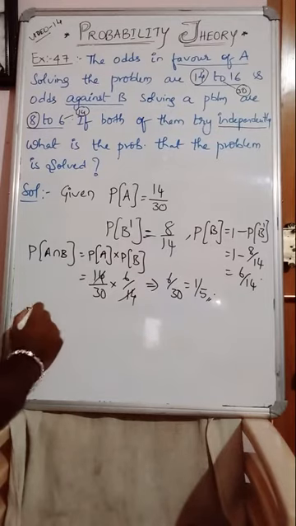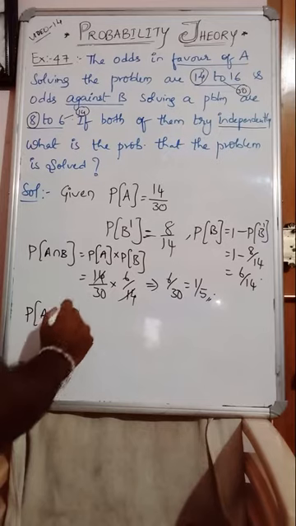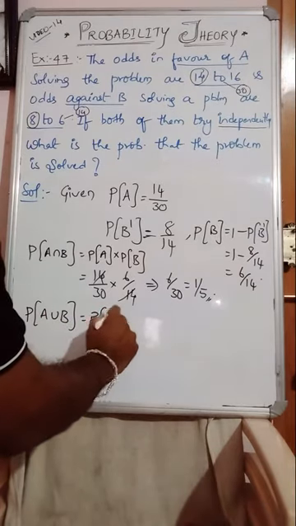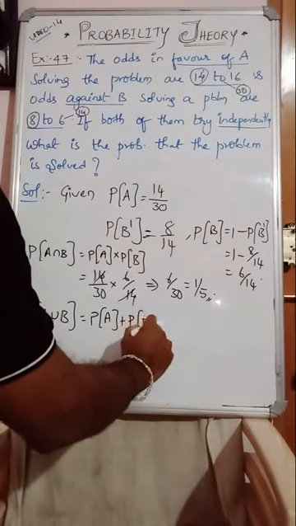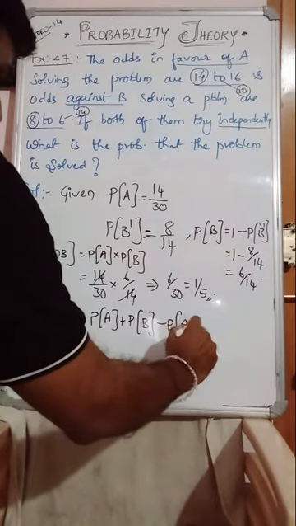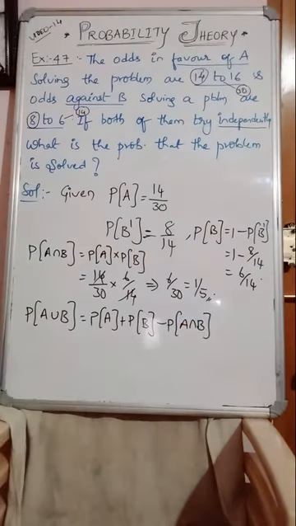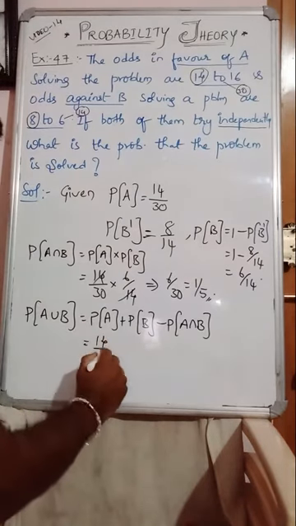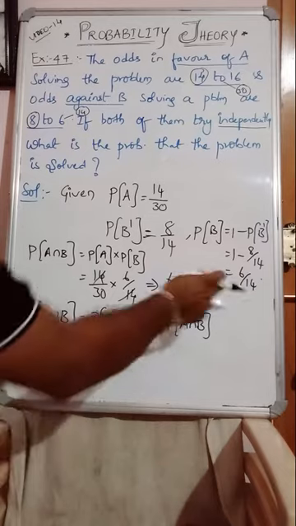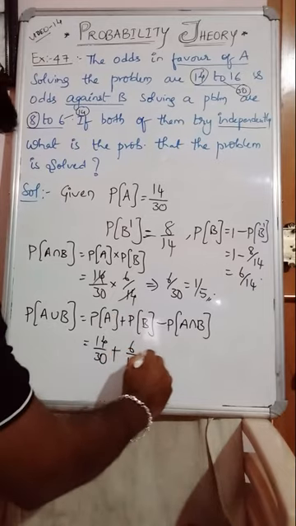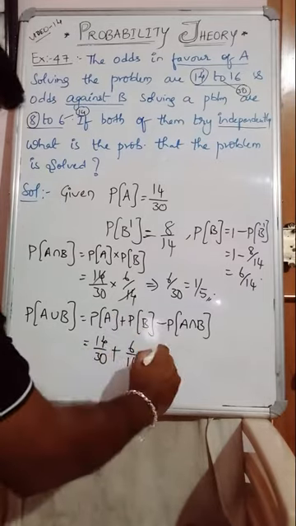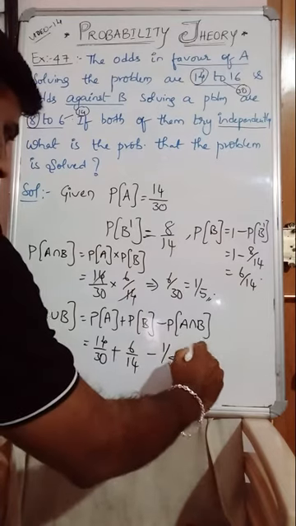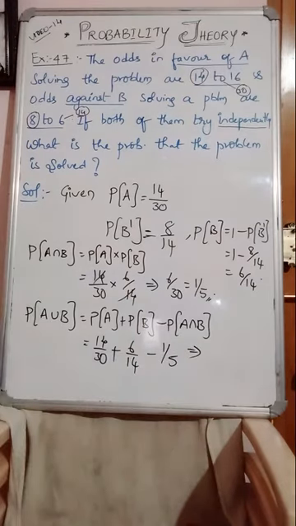Now, the problem is solved either by A or B. P of A plus P of B minus P of A intersection B. That equals P of A, 14 by 30, plus P of B, 6 by 14, minus P of A intersection B, 1 by 5. Simplify this one, you will be getting the answer.